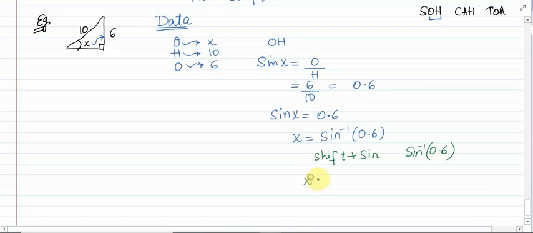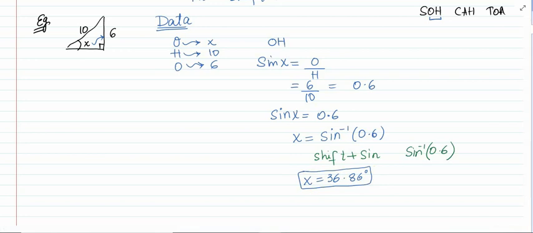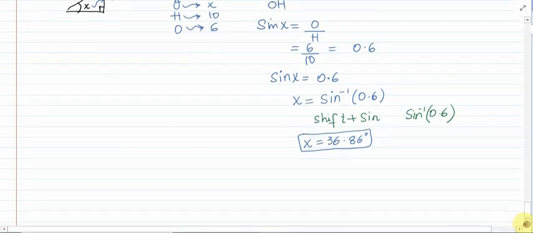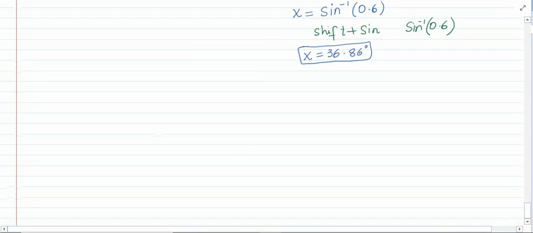So angle is 36.86 degrees, right? That's how you find any angle in trigonometry. Note it down in your copies. After that, moving on to some more examples regarding how to find the angle. Example number 2.